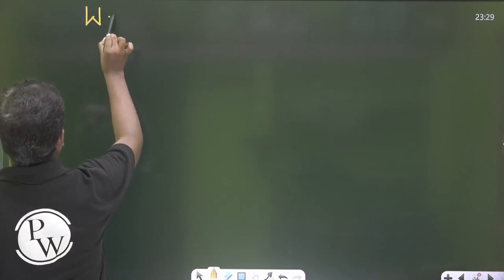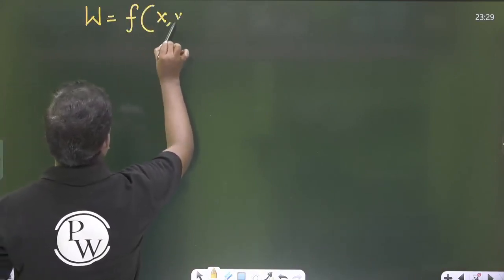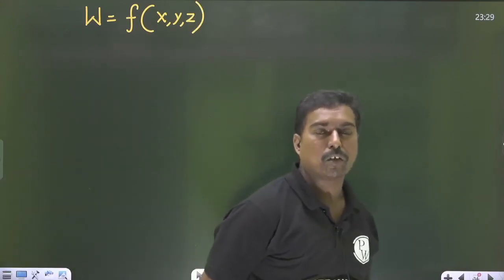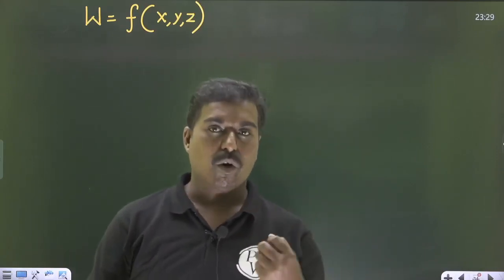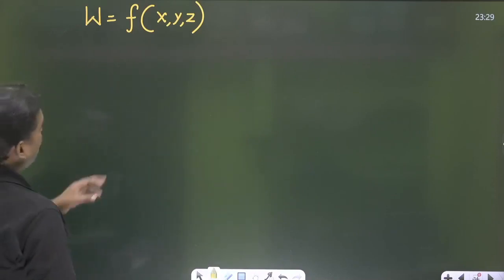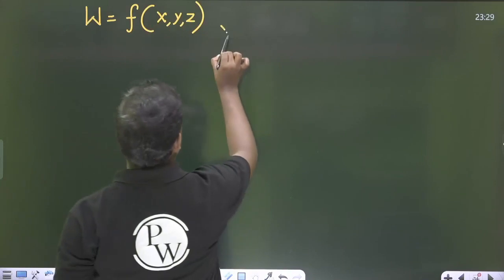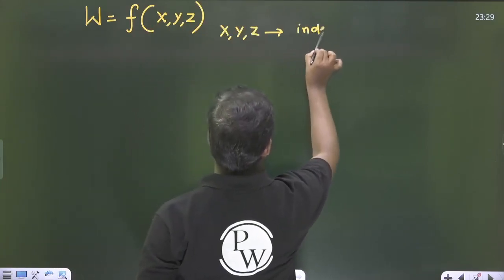Dear aspirants, for this I want to explain. For example, if you have an expression, one reading W, this W is a function of X, Y, Z. There is one parameter called W depending on three parameters, X, Y, Z. These X, Y, Z are independent variables of each other.